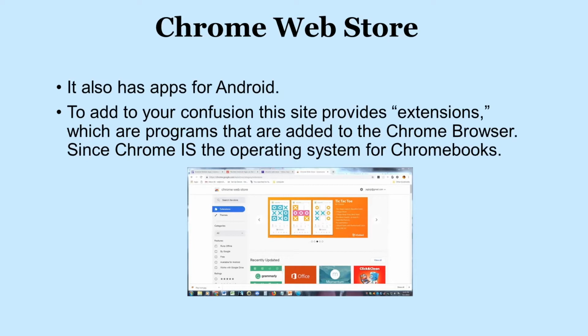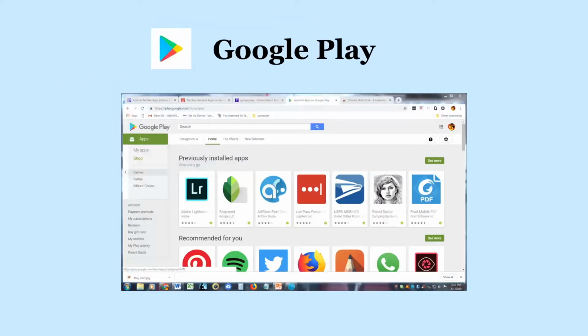But if you use Chrome or Firefox or Opera as browsers, they also have extensions that work with them, similar to these Chromebook browser extensions. Again, Google Play will show you what you've previously installed. This is from mine.